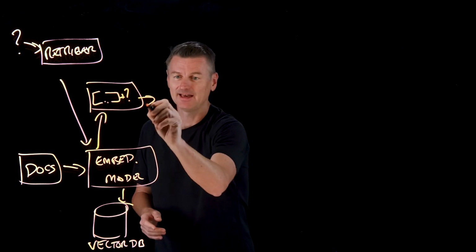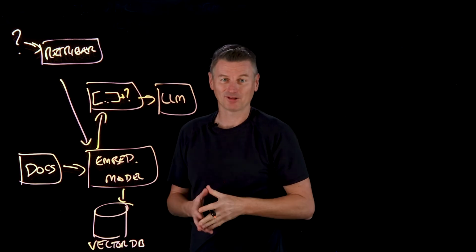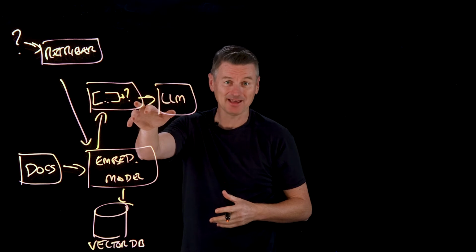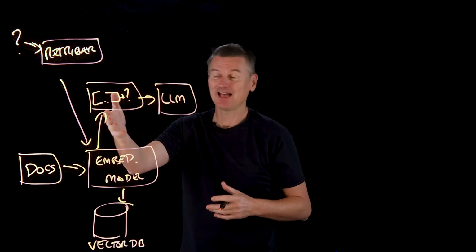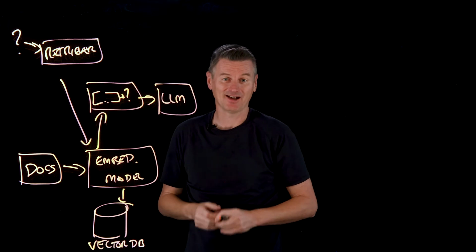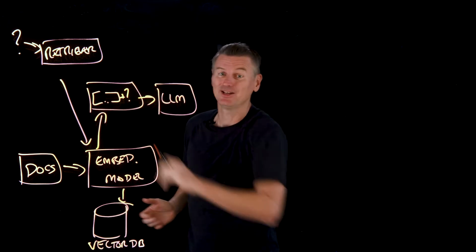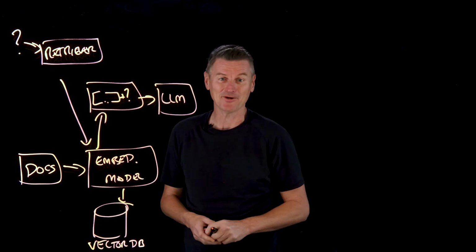And all of this is then going to get sent to the large language model. So the model is going to see the question the user submitted plus these relevant bits of context and use that to generate an answer. We're basically saying to the model, here's the question, here's some potentially useful information to help you answer it that we got out of this vector database, off you go.